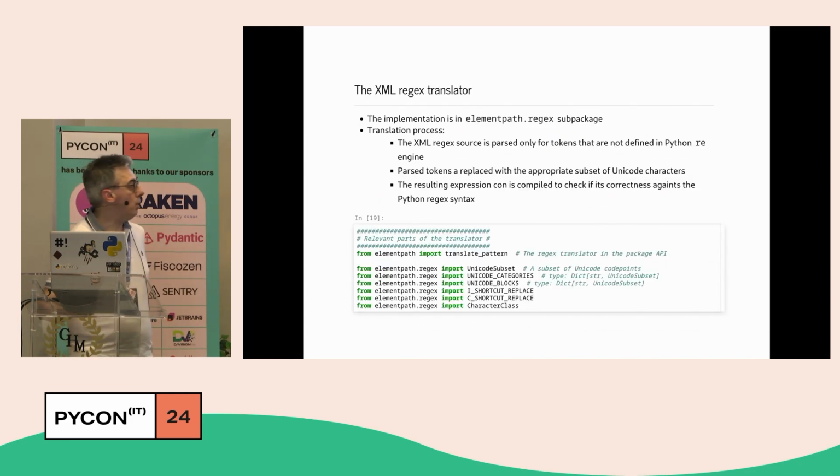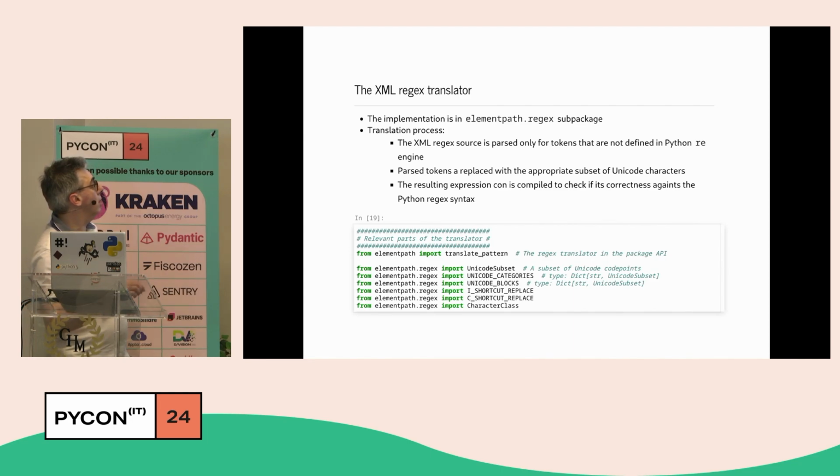Finally, the implementation is supported in the elementpath.regex subpackage. The translation process is as follows: the regex is parsed for tokens that are not defined in the Python regex engine.